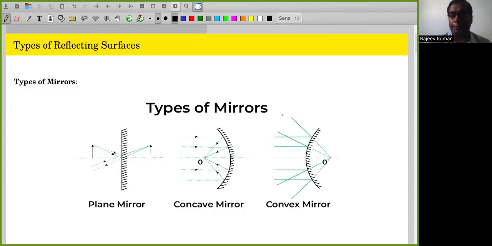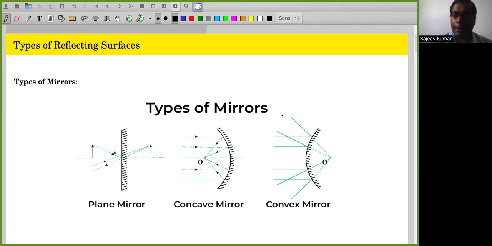Now, types of mirrors. Based on the geometrical configuration, simple mirrors can be classified such that one is plane in nature and the other two are converging and diverging in nature. Accordingly, these are termed plane mirror, concave mirror, and convex mirror.